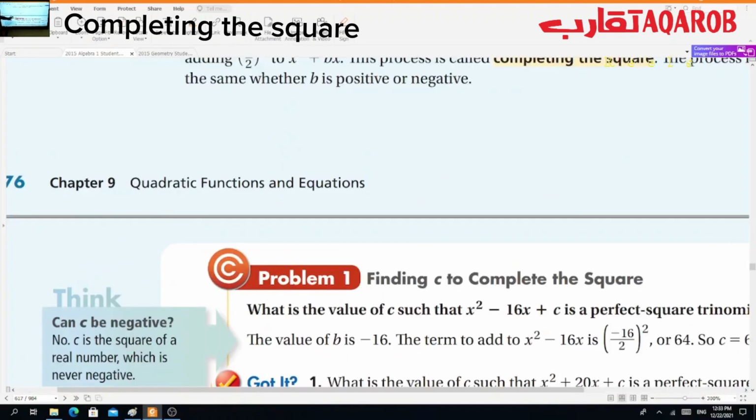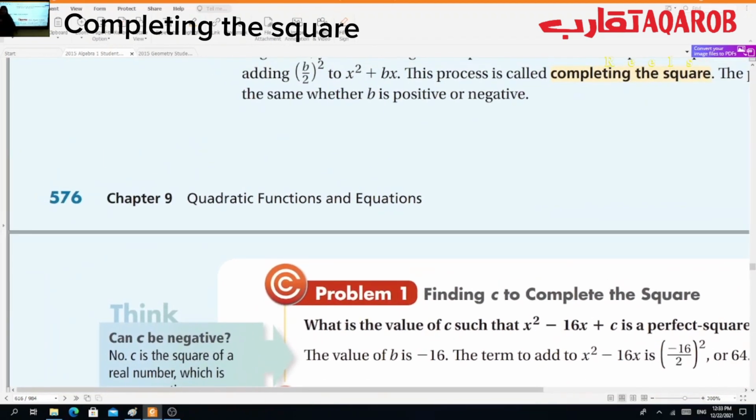We will depend on this concept in math to solve quadratic equations by using the completing the square method. But there are actual steps you should follow to solve.